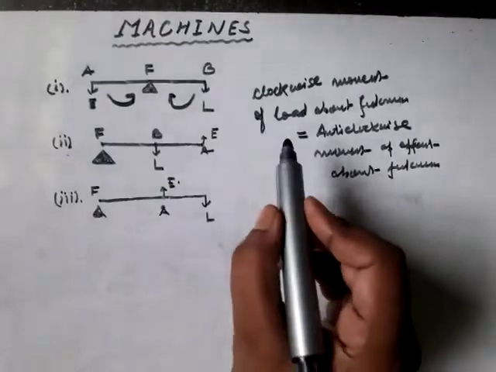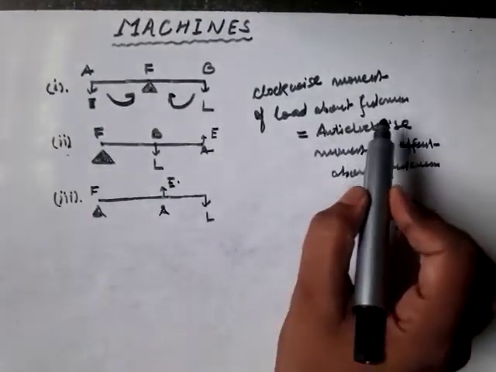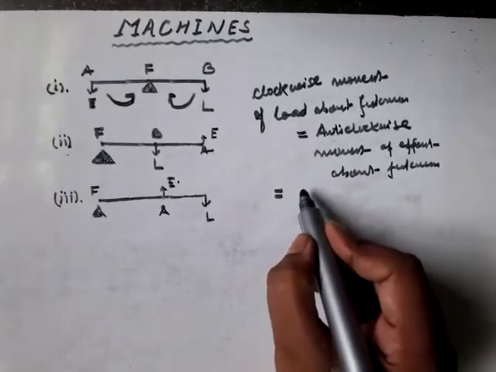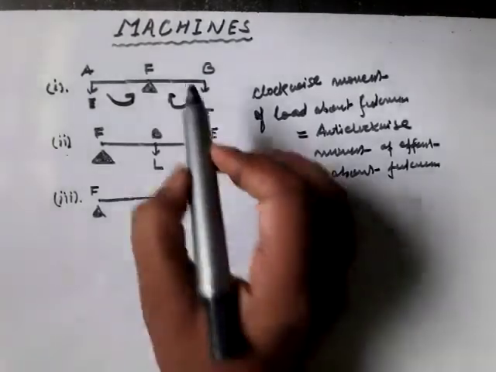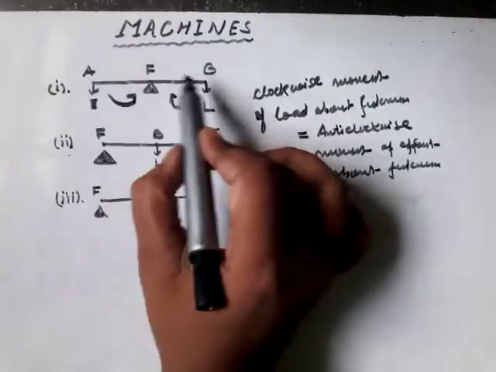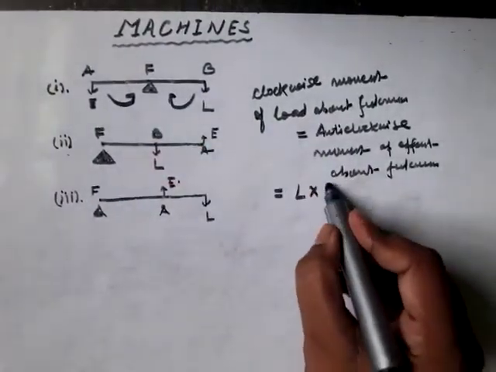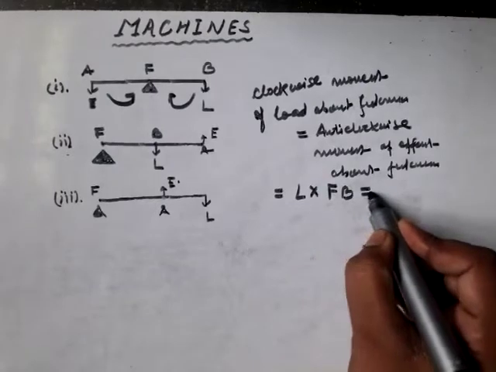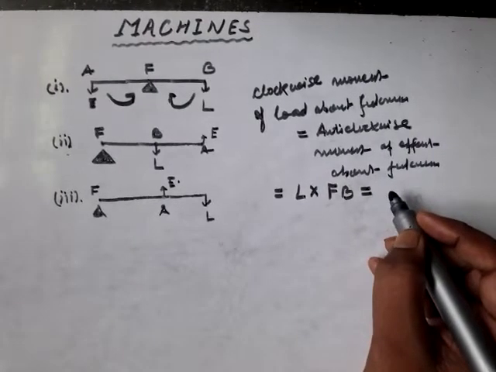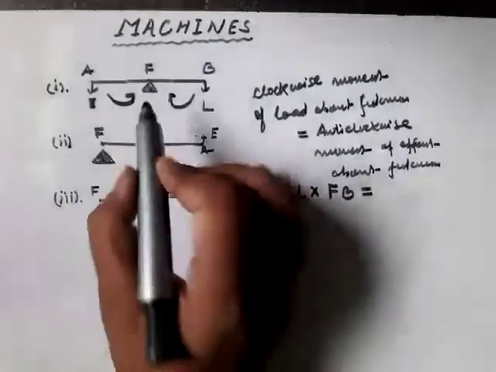So what we can write is, load about fulcrum, whatever the load is there, load into FB. Load into FB will be equal to effort into FA.